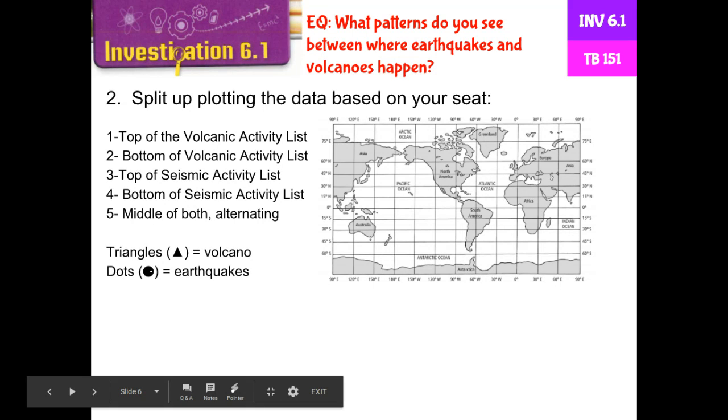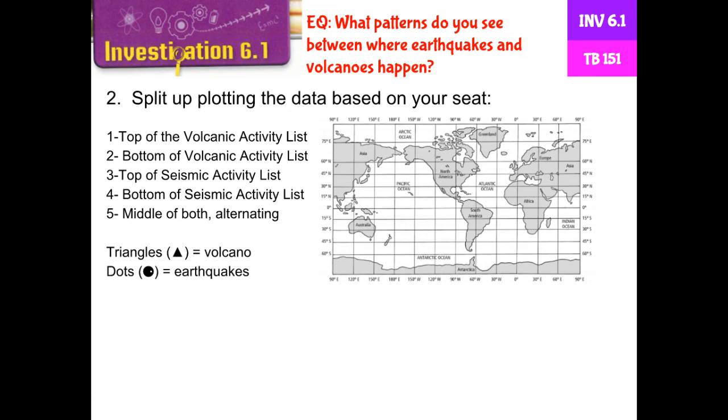When you split up the data, if there are 5 in a group, some people are going to get the top or the bottom and the seismic, or if you have a 5th person, you can split the data up so you get all of that plotted on your map.